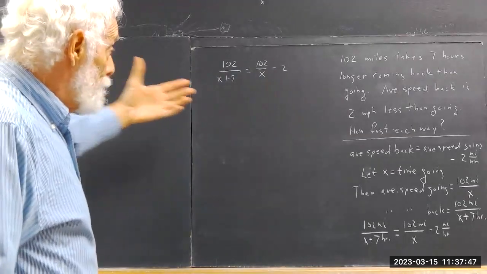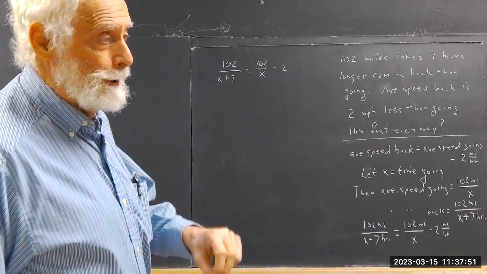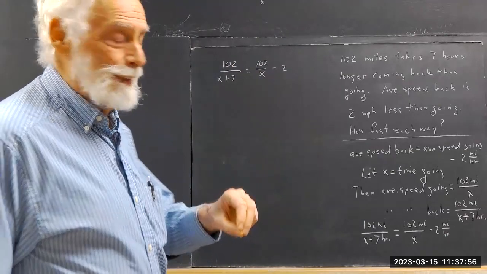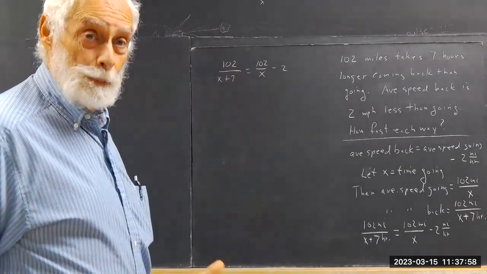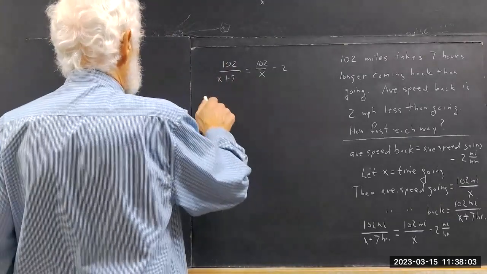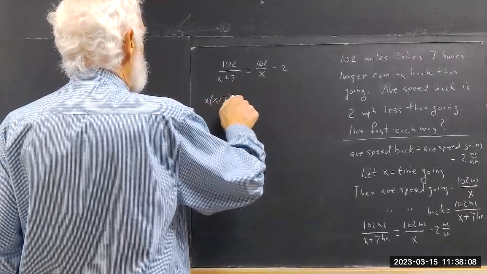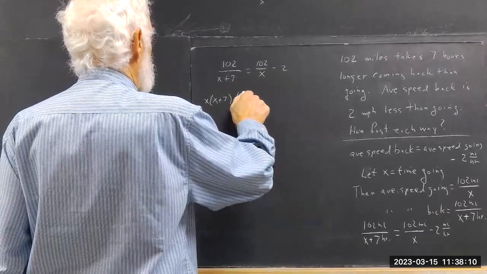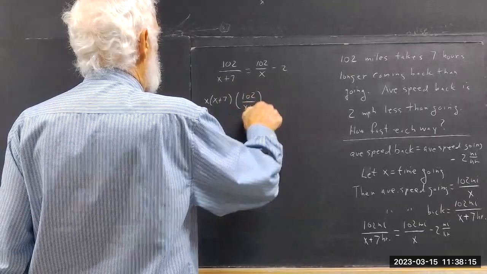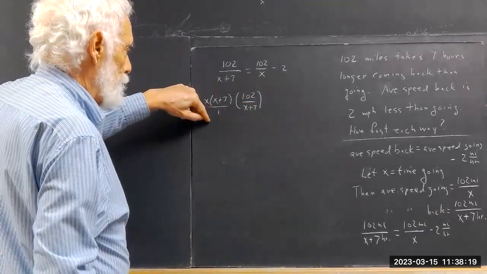Now to solve this, it's an equation with denominators. Denominators are a pain when we're doing an equation. So we do our best to get rid of them, but we do it carefully. We're going to take a common denominator. And since we've got fractions, I'll use x times x plus 7 over 1.